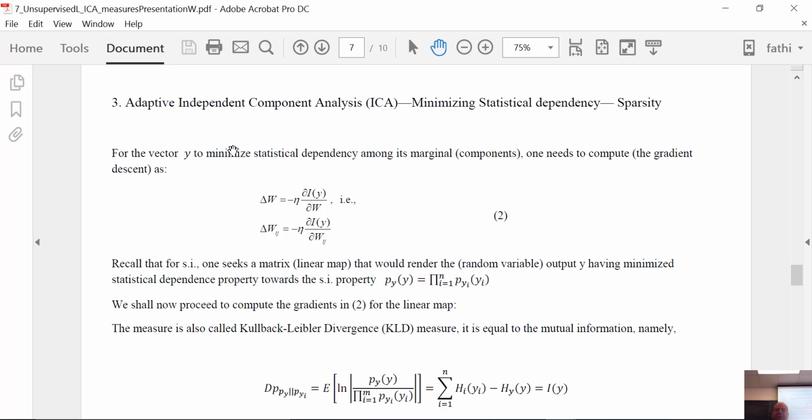So this mathematics applies to a generic layer, and the calculations are straightforward: gradient descent of a measure, and this measure is mutual information, and you just apply the gradient with respect to each weight, one weight at a time.